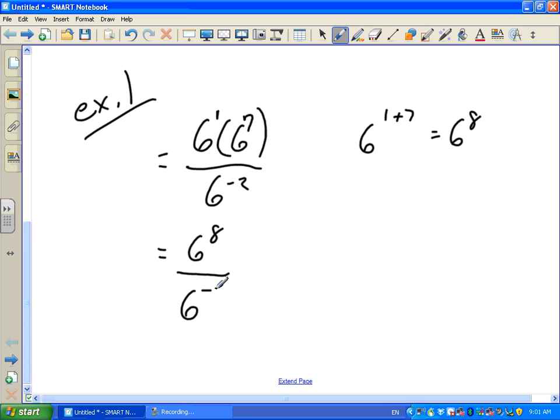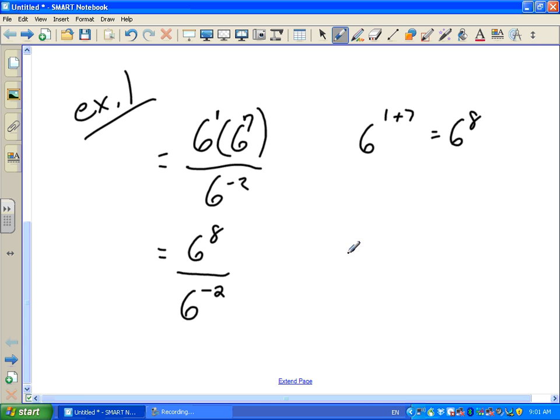Now, second part. I have 6 to the power of 8 divided by 6 to the power of negative 2. According to this rule, what do I have to do? Ian. I don't need to flip it yet. I can just stick to the rule on this one, but you're right. Sorry. Anyone have an answer for that? Okay.